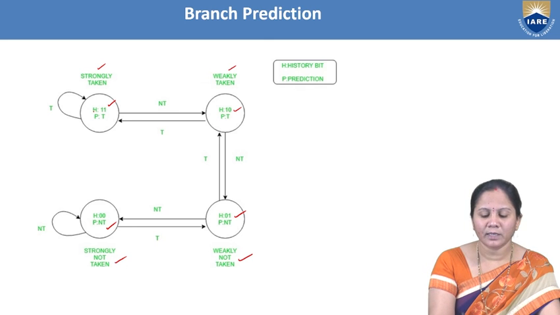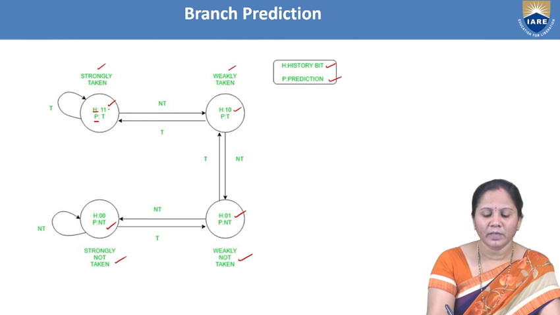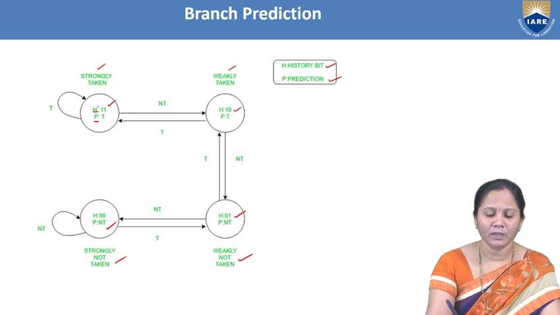Here H represents the history bit, and P represents the prediction bit. If the history bit is 1 1 and the prediction is taken, it will remain in the same state.